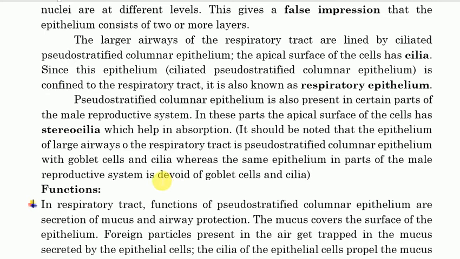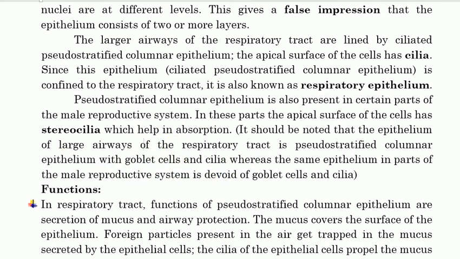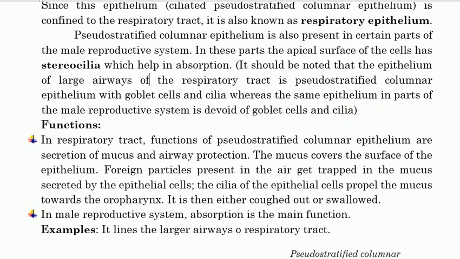It should be noted that the epithelium of large airways of the respiratory tract is pseudostratified columnar epithelium with goblet cells and cilia, whereas the same epithelium in parts of the male reproductive system is devoid of goblet cells and cilia. Means it lacks goblet cells and it lacks cilia, but it has what we call stereocilia.